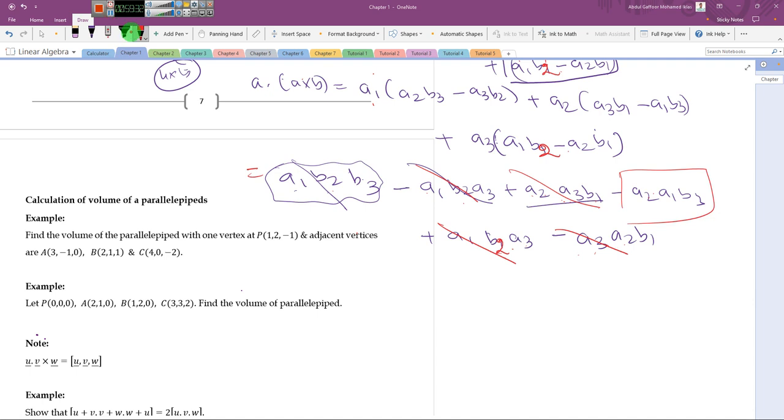Now again if I hide this row and this column, a1b2 minus a2b1. And don't forget to put a line under the letters to represent their outputs.